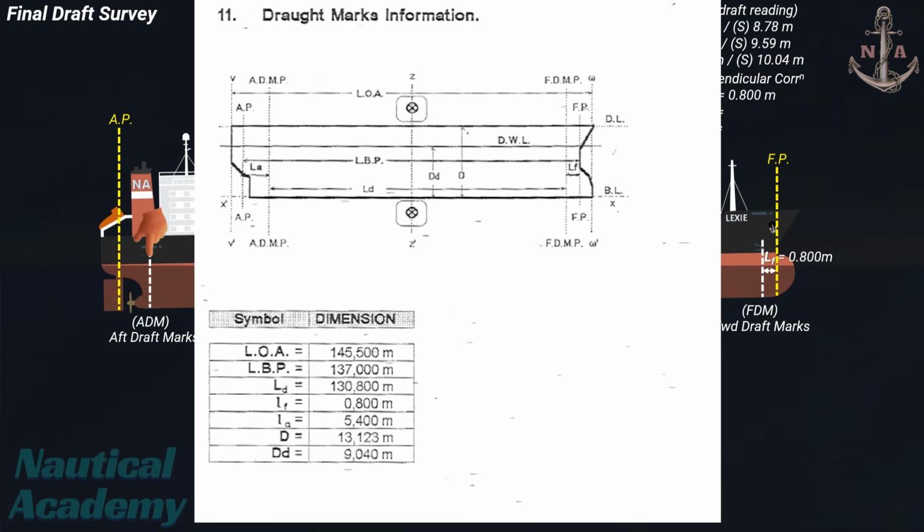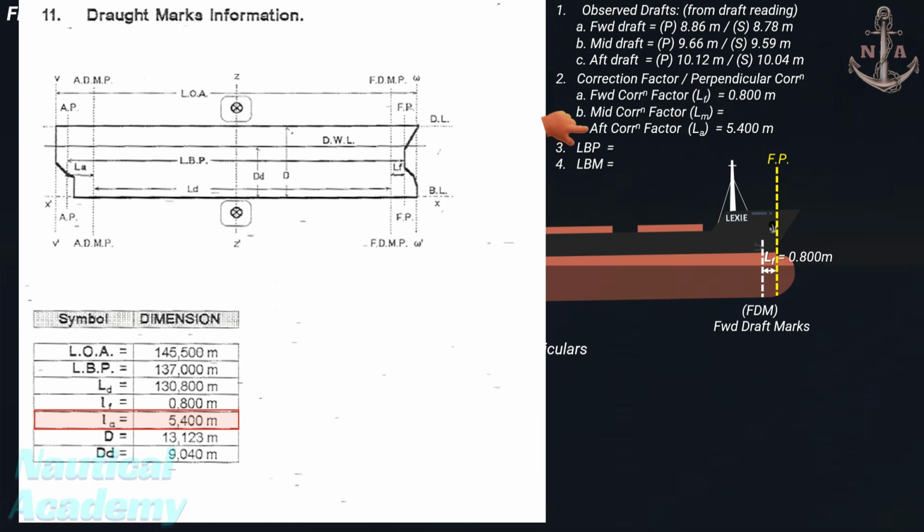Now for the aft draft marks, it is located along this line, while the aft perpendicular is shown here. The distance between them is indicated with L sub A, which is 5.47 meters, also known as the aft correction factor. For the midship draft marks, it is located exactly at the midships, so the correction factor is 0.